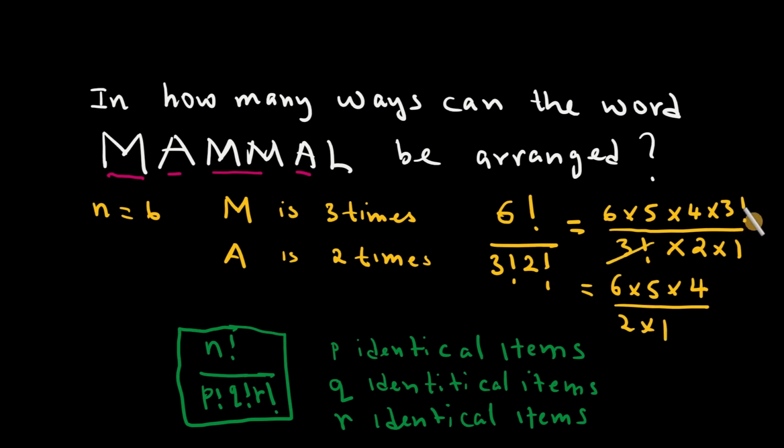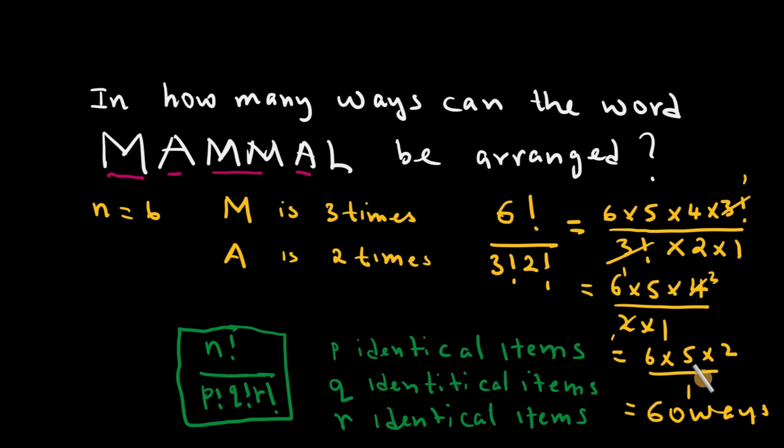Cancelling 3 factorial, and 2 here one time, will give us 6 times 5 times 2 all over 1, which is the same as 60 ways. Since 6 times 5 is 30, 30 times 2 is 60. So the number of ways the word mammal can be arranged is 60 ways.